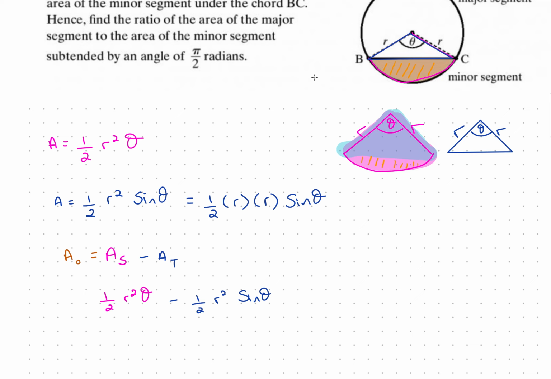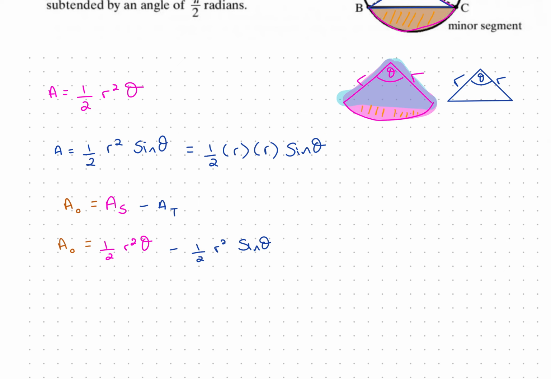So now I'm trying to get those subtracted from each other. They don't subtract nicely from each other. It's not incorrect to leave it like that, but in maths we like to write things as neatly as we possibly can, and I can see that between these two things we have a common factor, and it is a half r squared.